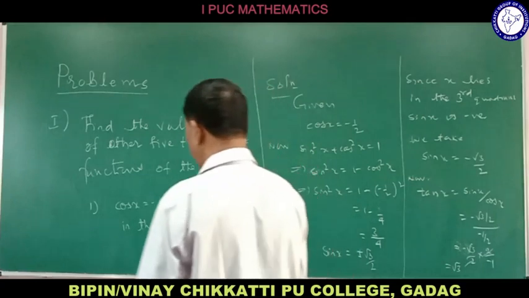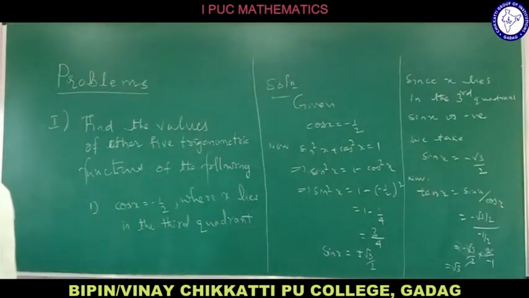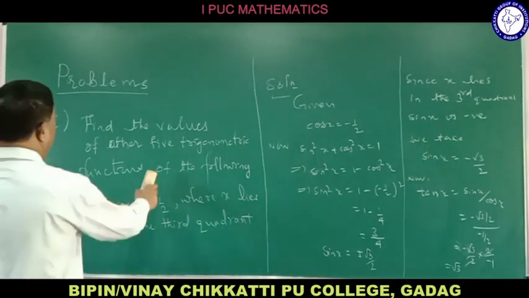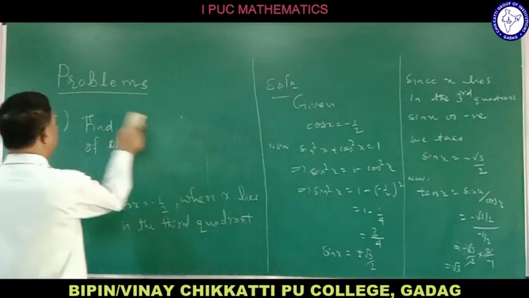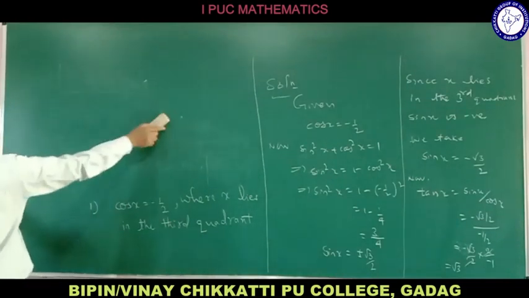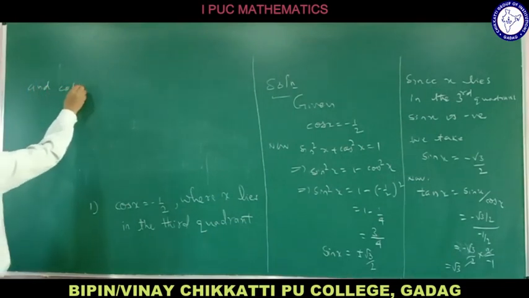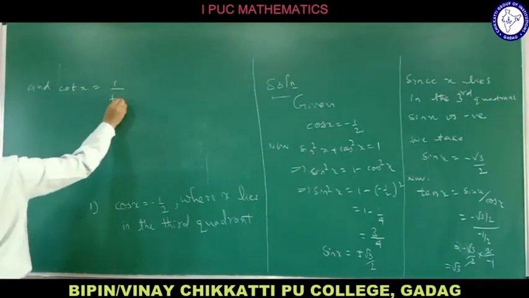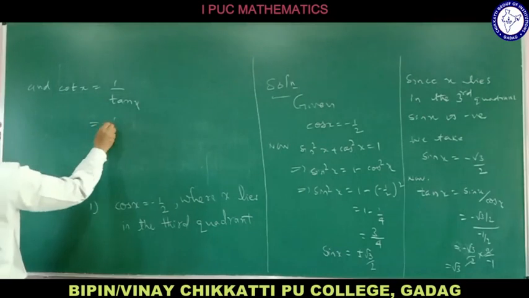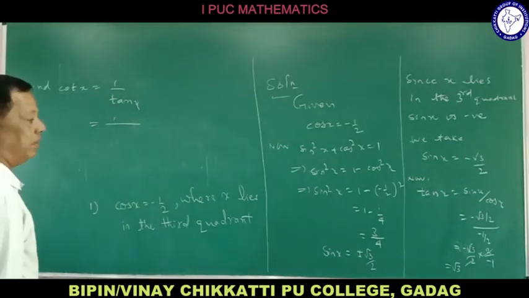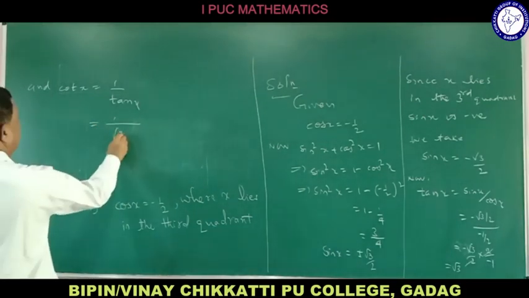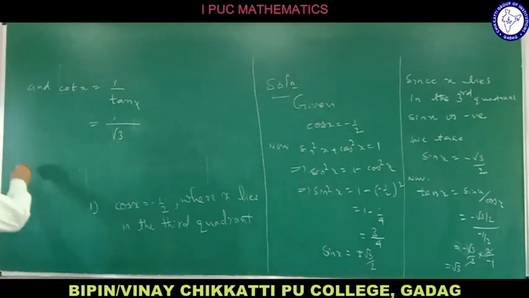And try to understand how to find the other function, that is cot x. Cot x is equal to 1 upon tan x, and 1 upon tan x is how much? That is 1 upon root 3.